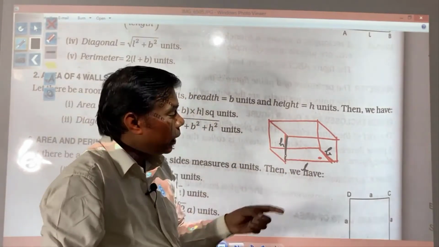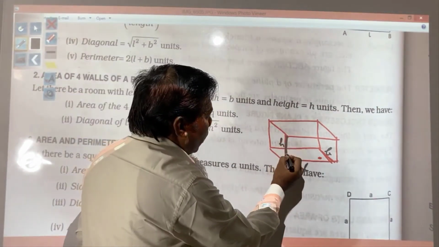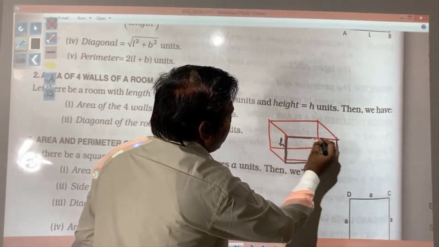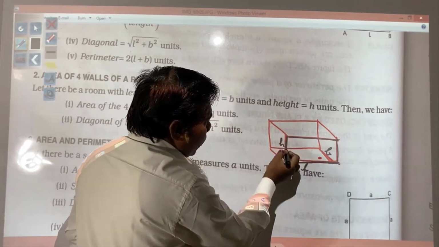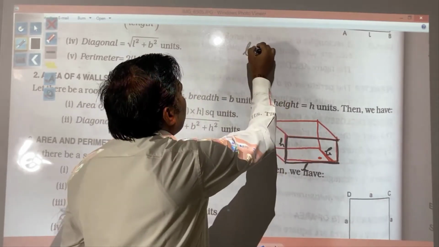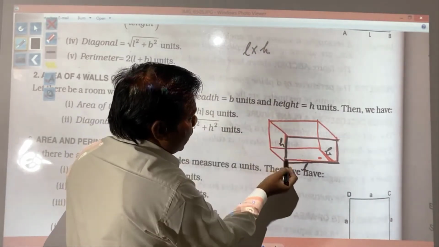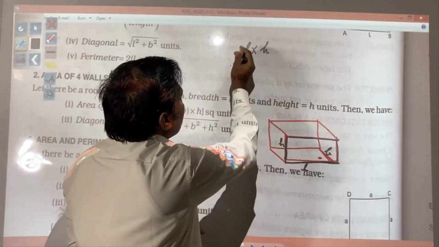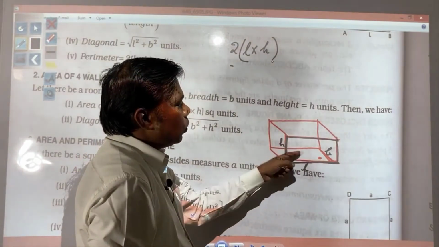L into B, length and breadth. So for this wall especially, what will your area be? In this case, your L will be L, but B will be H. So L into H, you have got 2 times, this wall and the opposite wall. So 2 into L plus H. This is the area you have got of these 2 walls.